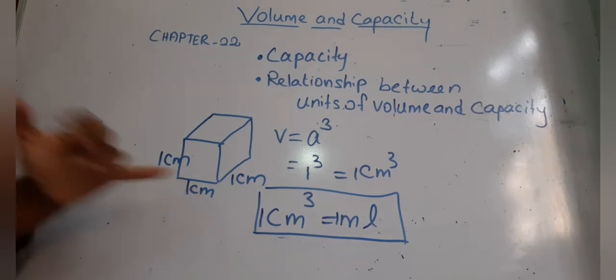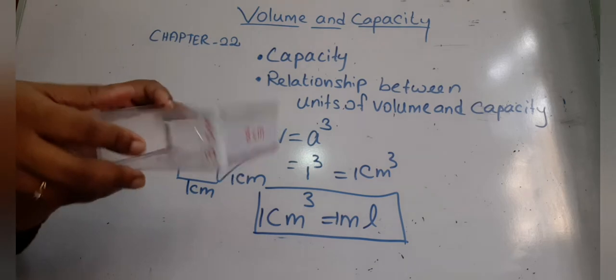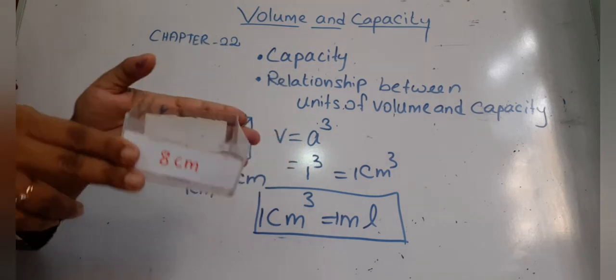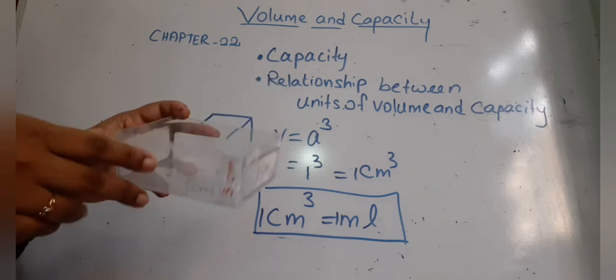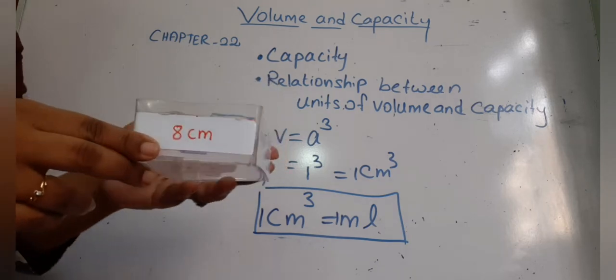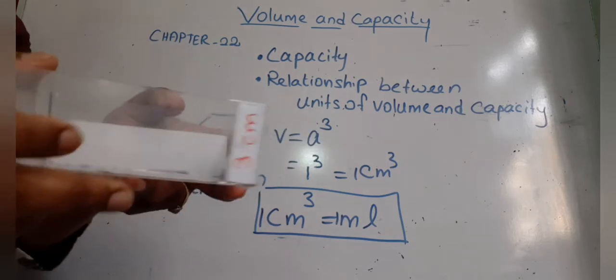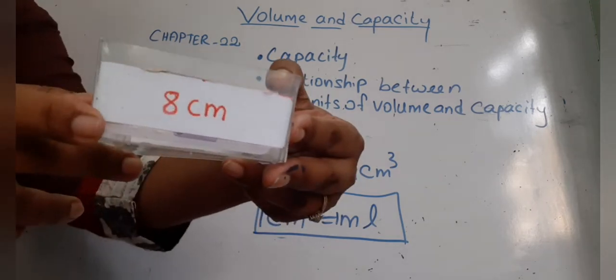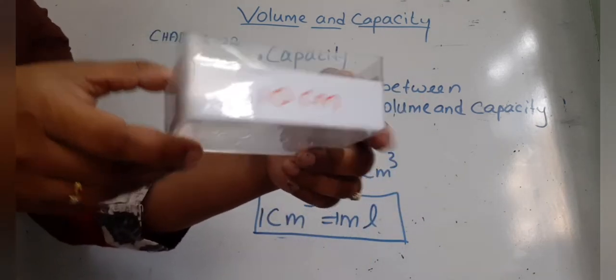To clarify this relationship, I'm going to give you an example here. So I have taken a container like this. So it's a cuboid shape actually, as you can see. I have measured the length, the breadth and height and indicated it here. Here the length of this container is, sorry, 10 centimeters.